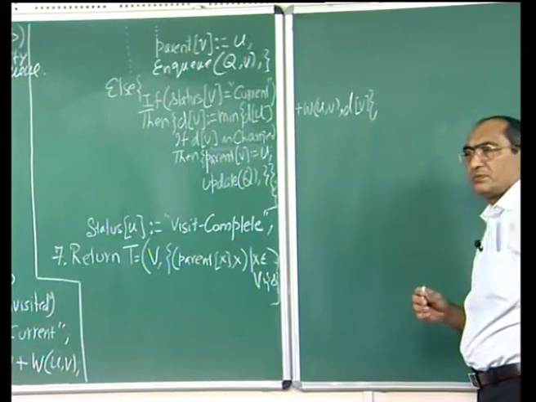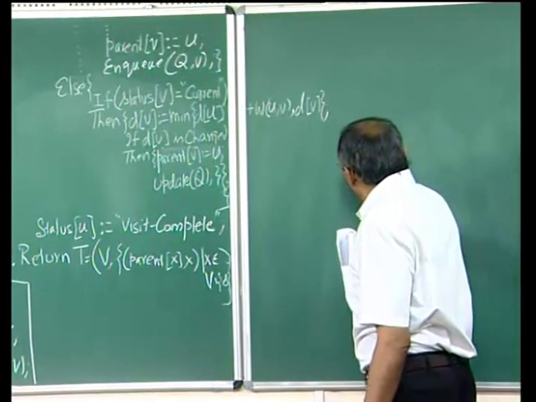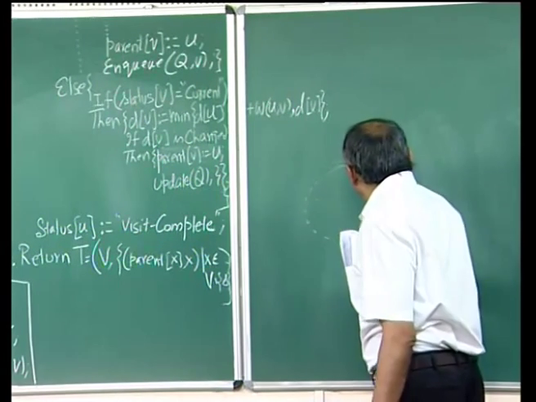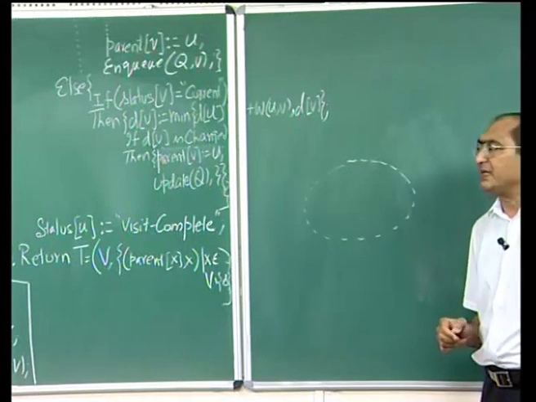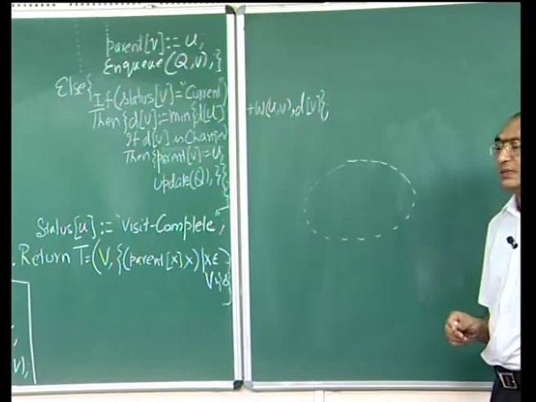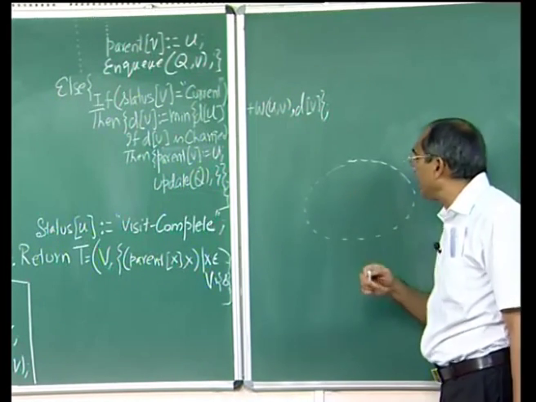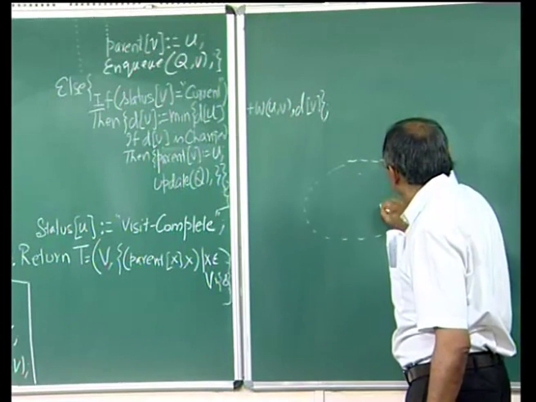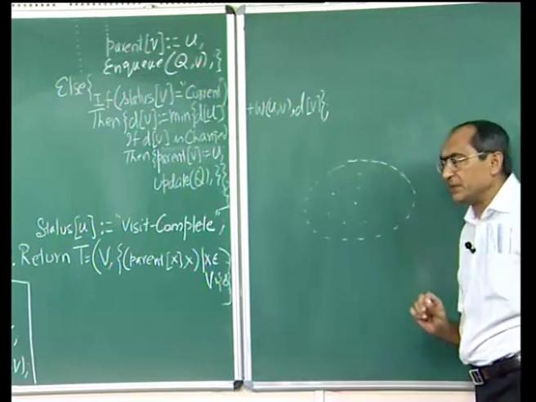Let us notice that all the vertices at any given time, at any iteration i, the set of vertices which are in state visit complete are, say, denoted by these dots inside this.